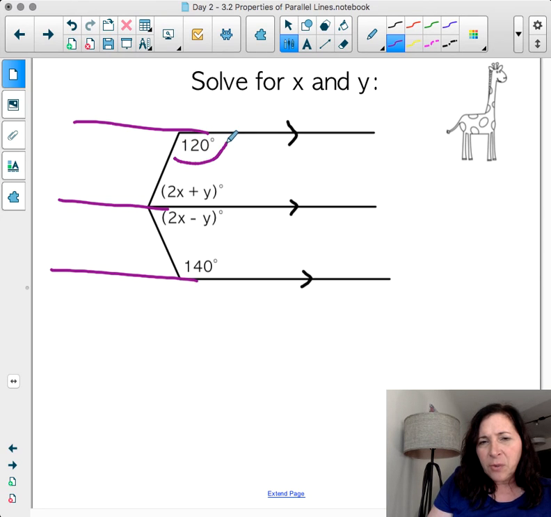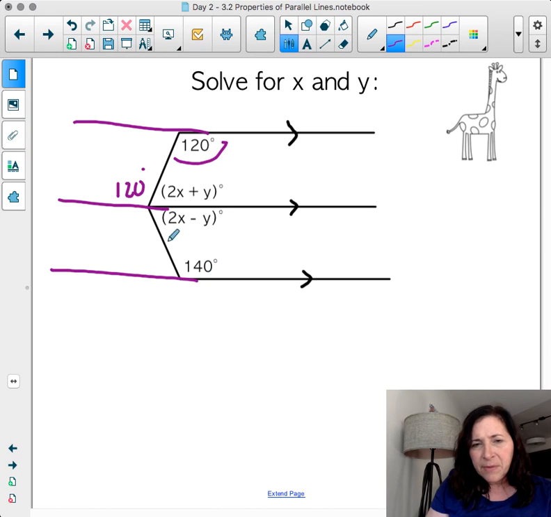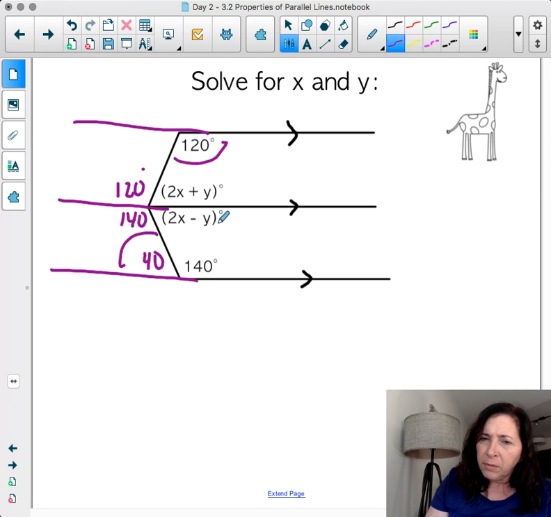If this is 120 degrees, this is an alternate interior angle, which is also 120. And if this is 140, right? So is this angle right here 140, all right? Which basically means this angle here has to be 40 degrees, because that plus that, these two angles here have to be 180. Well, this angle plus this angle are going to be the same because they're alternate interior angles.